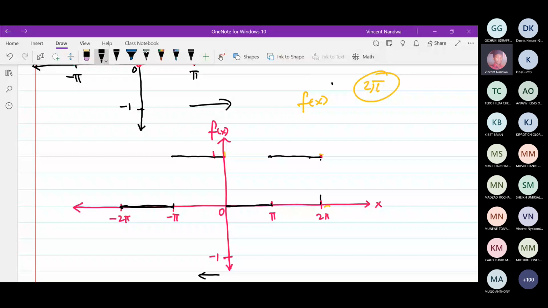So let me extend this. So let's say I have 3 pi, then I have 4 pi. Say minus 3 pi, minus 4 pi. It is still the same function, so period 2 pi.